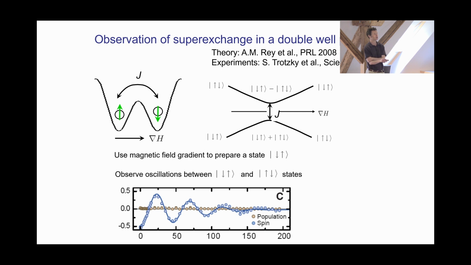To me, it's really a kind of local progress. The idea was fairly simple: in a double quantum well, by using a gradient of magnetic field, one can prepare different spin states and then manipulate them by turning the gradient of magnetic field on and off to see spin oscillations.